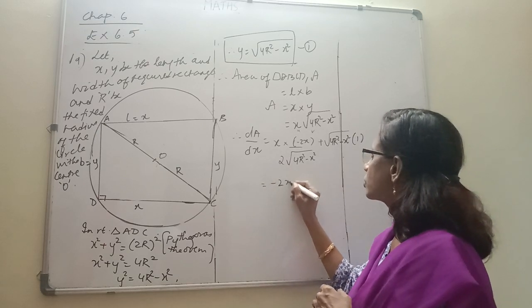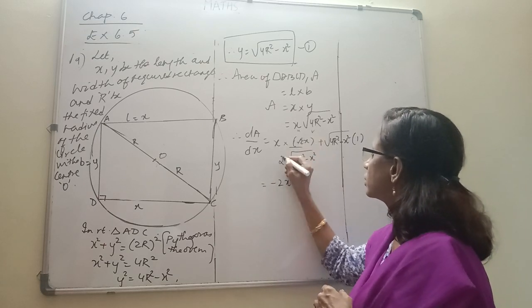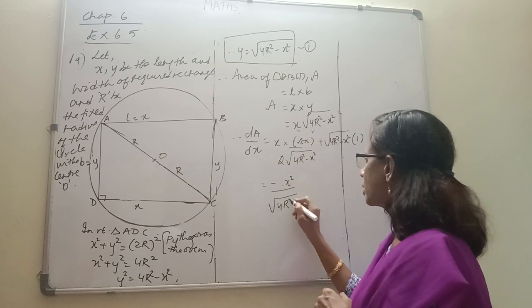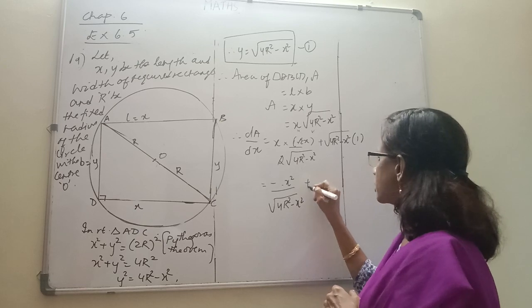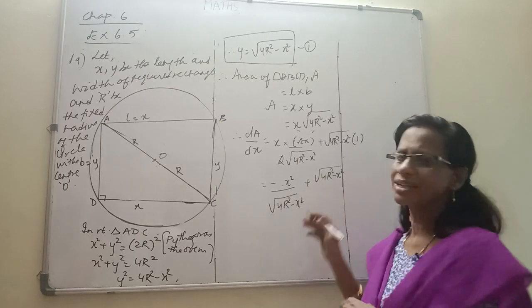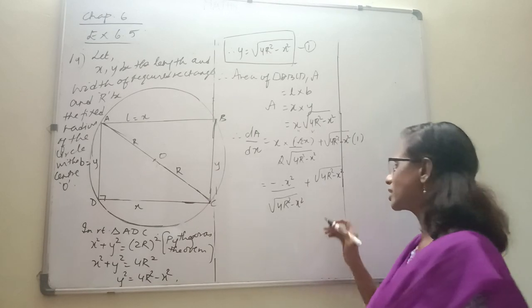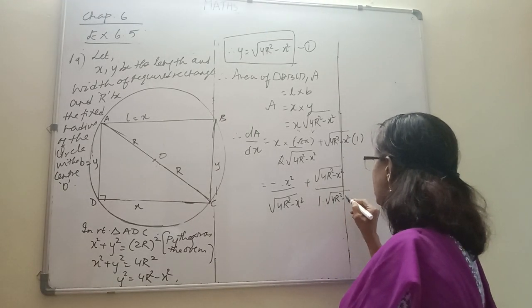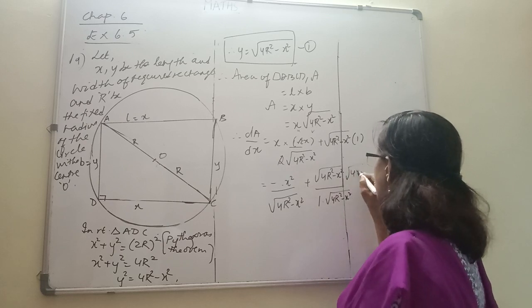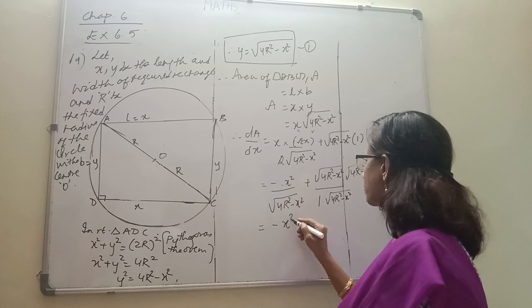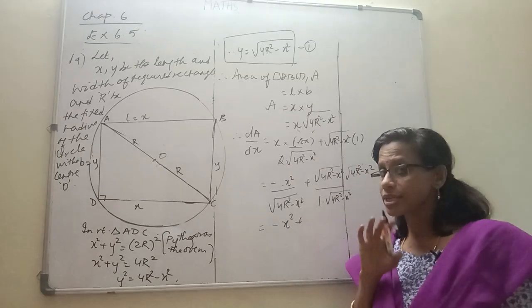Therefore this is minus 2x squared, and we can have the 2 cut. Minus x squared over the root of 4r squared minus x squared, plus the root of 4r squared minus x squared. You can equalize them so that the working is simpler, multiplying by the root of 4r squared. So you have minus x squared plus, see, root a into root a is a, we know.